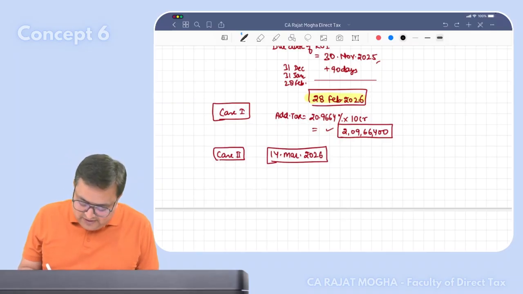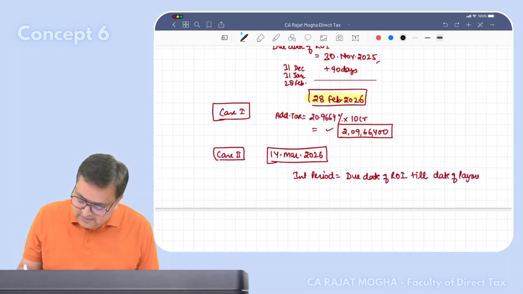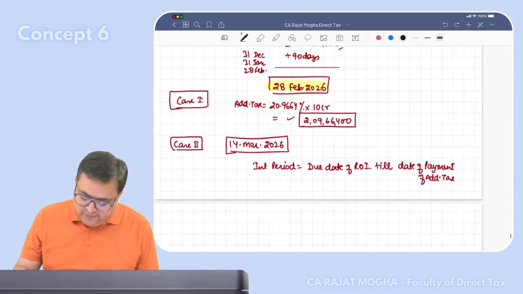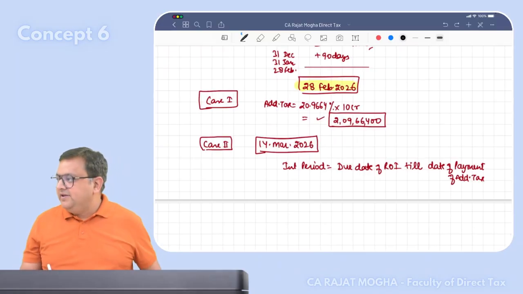So the interest period will be from the due date of ROI till the date of payment of additional tax.